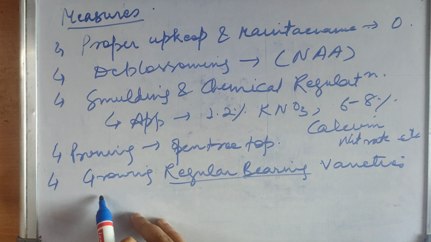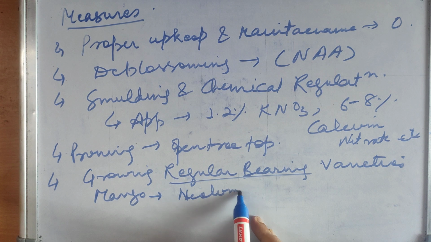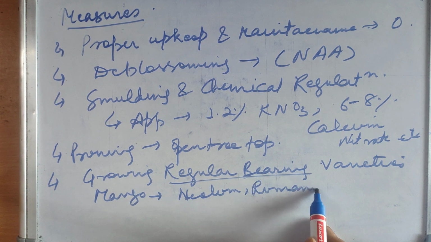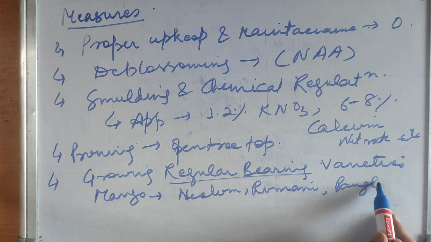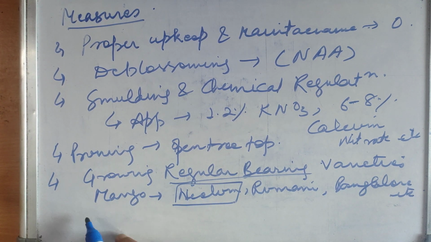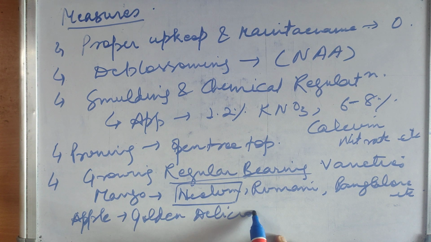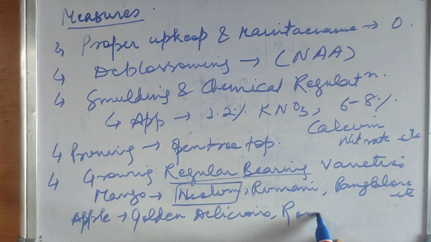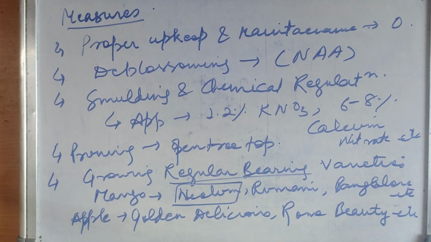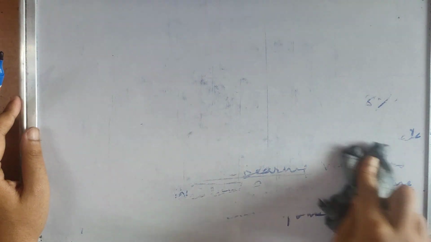Some of the important regular bearing varieties of mango are Neelam, Totapuri, Bangalora, and Neelam is very common here. And for apple we have Golden Delicious, Rome Beauty, etc. So this was the management or measures of alternate or biennial bearing of apple and mango.